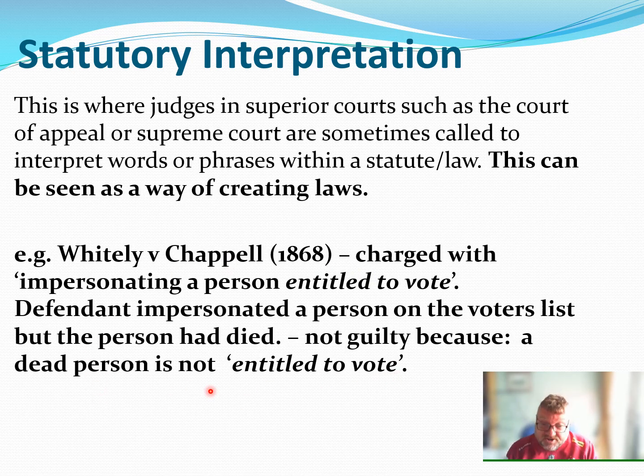So the wording of the law meant that he got off, basically. And this is where judges will then change the wording so that the loophole is closed. So that's what we mean by statutory interpretation. So looking at the wording of laws and what it actually means and whether someone is guilty or not guilty of a specific offence due to the wording of the law. Hopefully that makes sense.